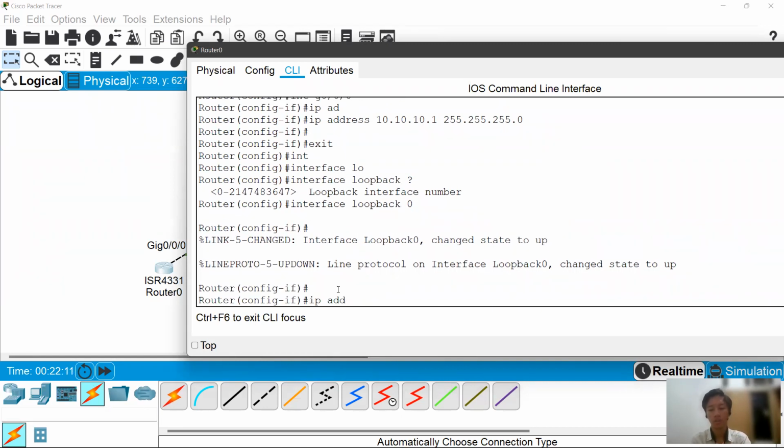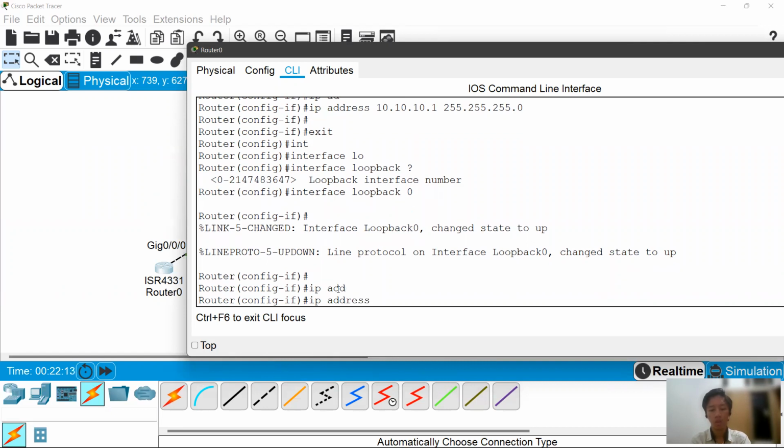Then, like a physical interface, set the IP address. Mostly on interface loopback the subnet uses /30.